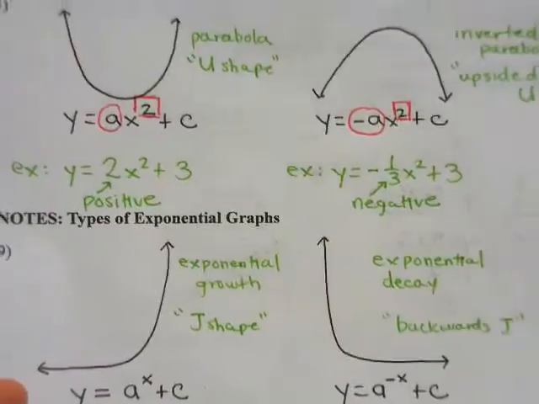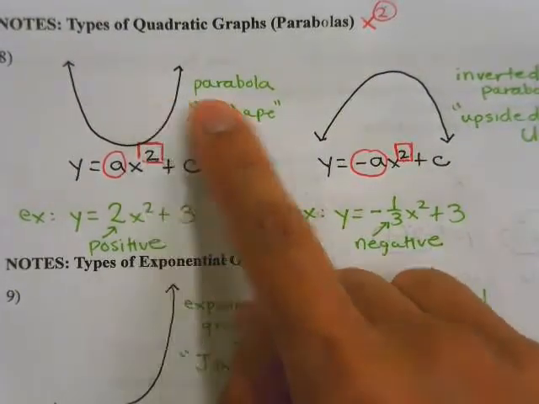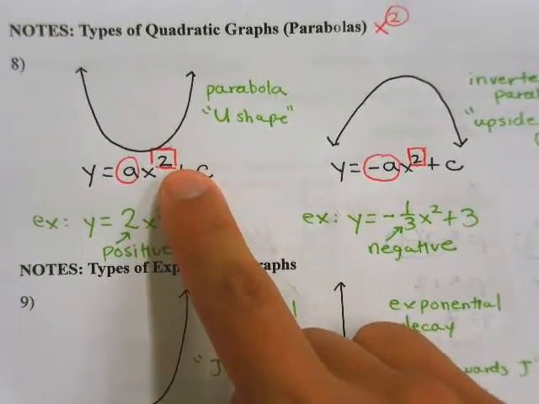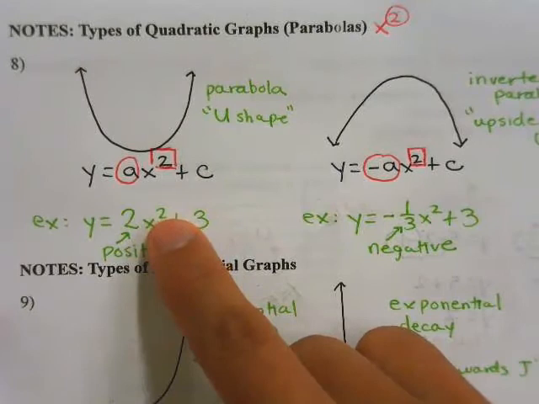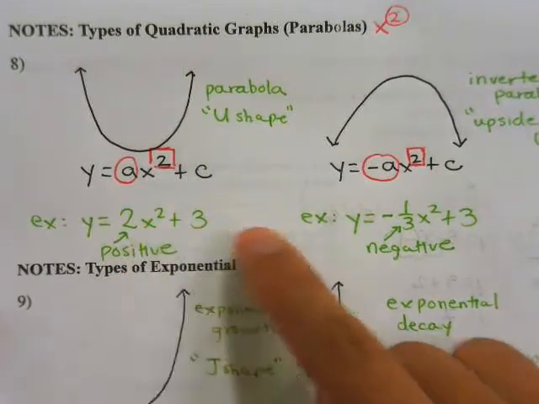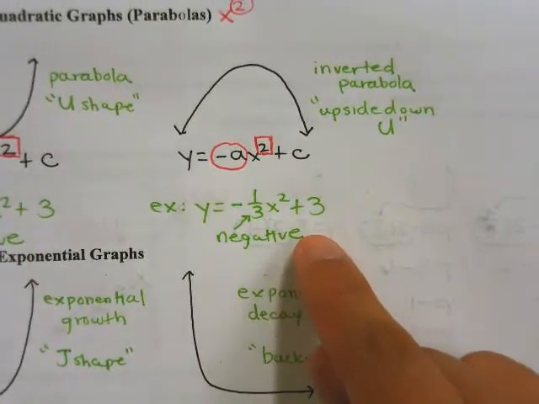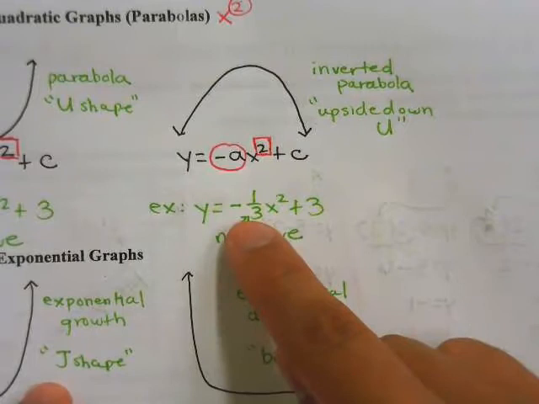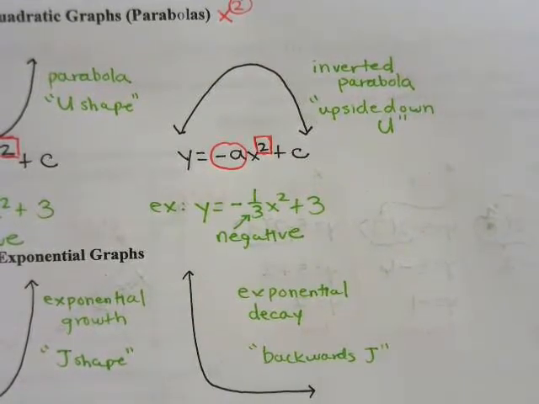Take a look at your 2 parabolas. It could either be facing up or inverted facing down. How can you tell based on the equation? Based on the equation, it has an x squared, and it's positive number in front of the x squared. Whereas opposed to the upside down u facing down, you have an x squared, and you have a negative number in front of the x squared.